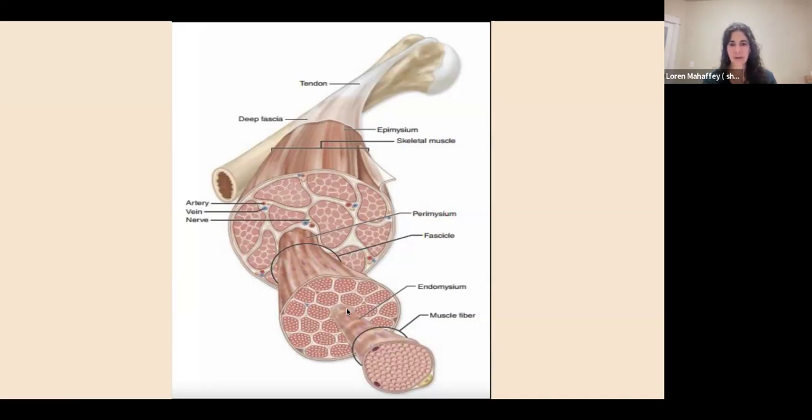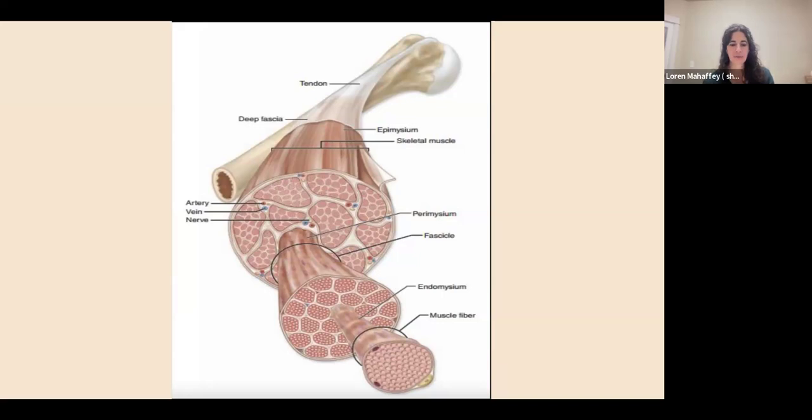Here we see all those muscle fibers being bundled together into this layer called the fascicle. And the fascicle is surrounded by the next most superficial layer of myofascia called the perimysium. That means around the muscle, and it bundles all the muscle fibers together.